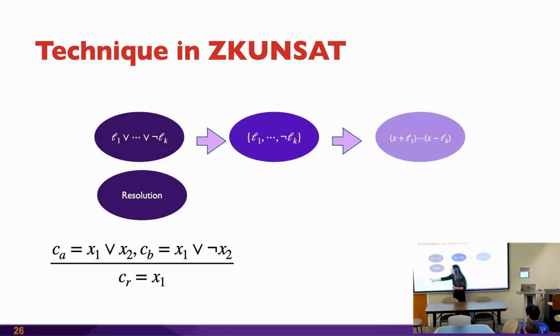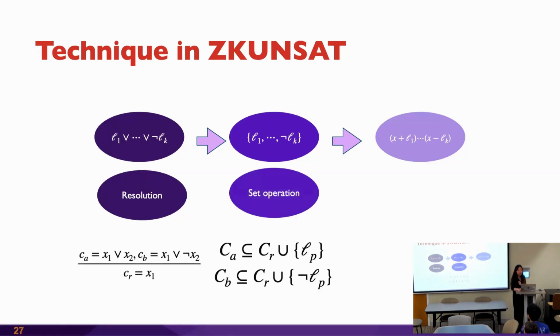We have clause A and clause B, and this clause R is obtained by applying resolution to clause A and clause B, eliminating X2 and not X2. This is the clause R. If we want to prove that clause R is indeed obtained by applying resolution to clause A and clause B, in the language of sets, what do we really want to prove?